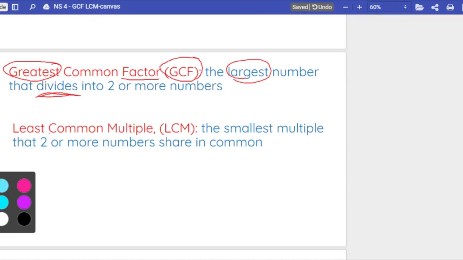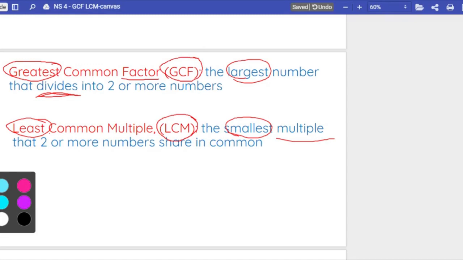Least common multiple, on the other hand, or as it will be referred to, LCM, is the smallest multiple that two or more numbers share in common. So again, least and smallest. We're looking for a small number. A multiple is also what we learned about in younger grades as skip counting or count-bys.